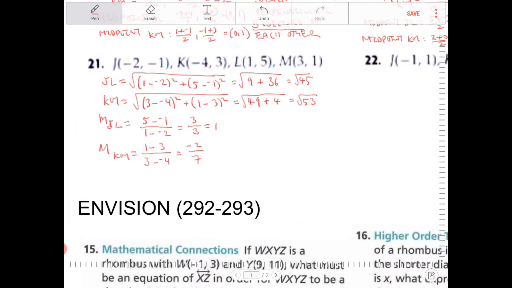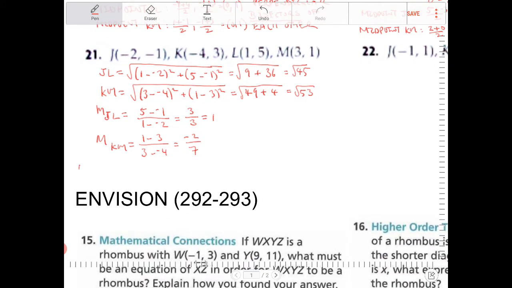And here in this case, okay, they're not perpendicular, but we still got to determine whether or not the diagonals bisect one another, because if the diagonals bisect one another, then this is in fact a parallelogram. So let's do that, okay? So the midpoint of JL, what is that?